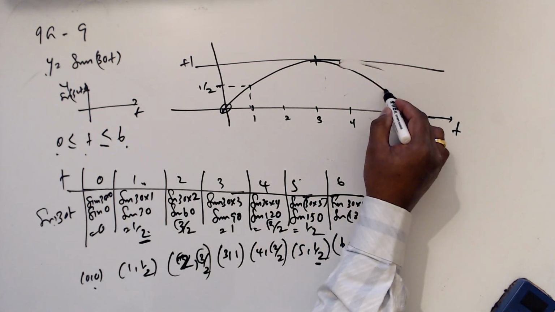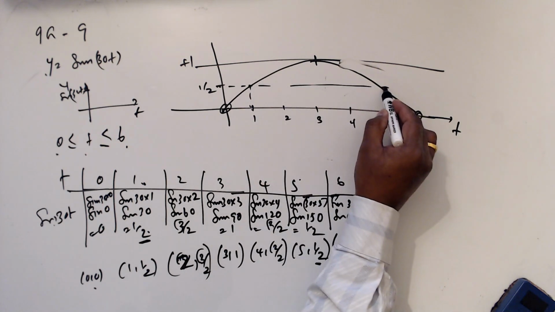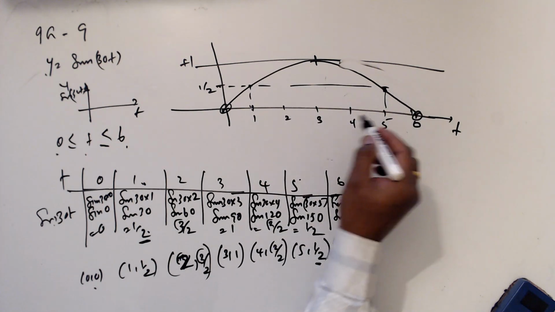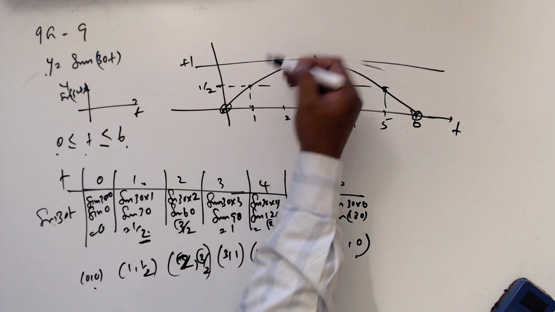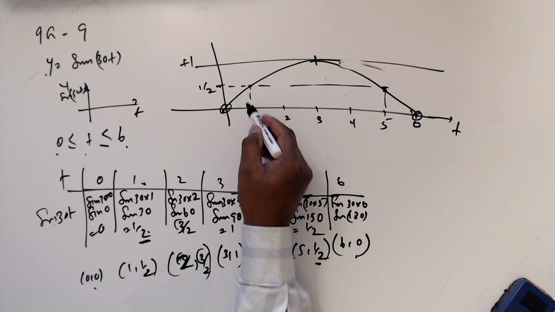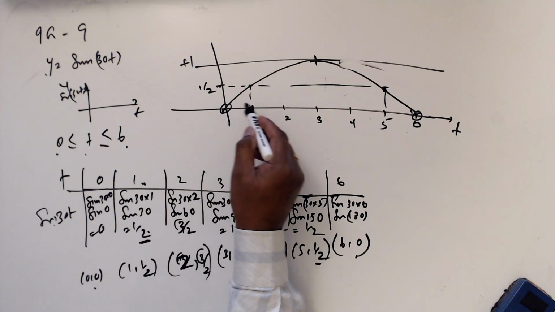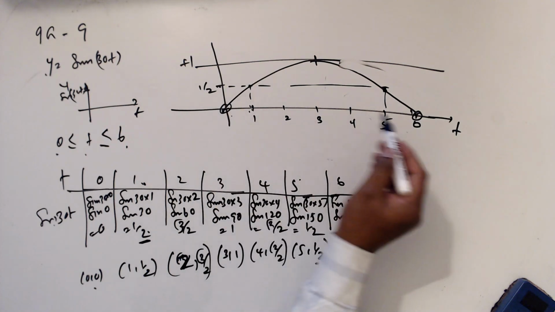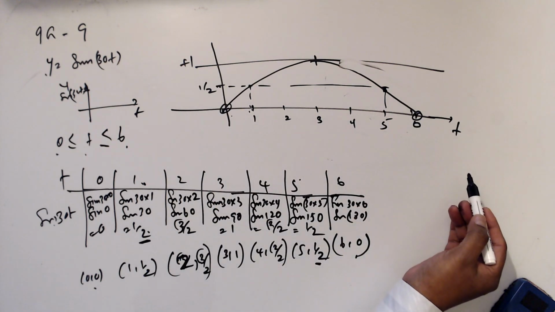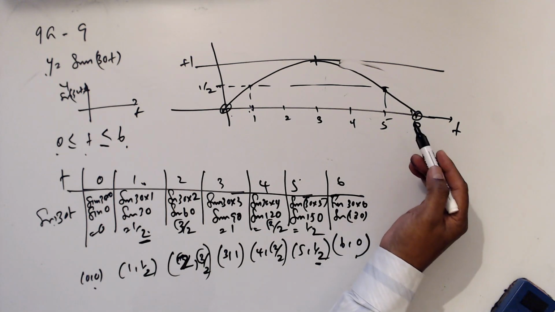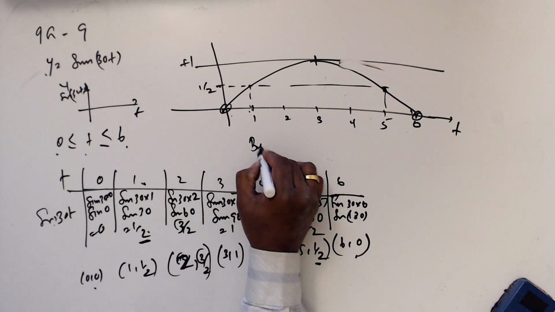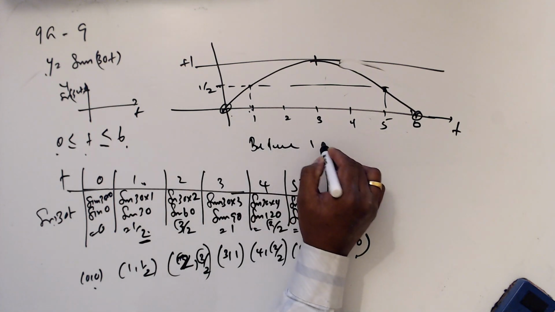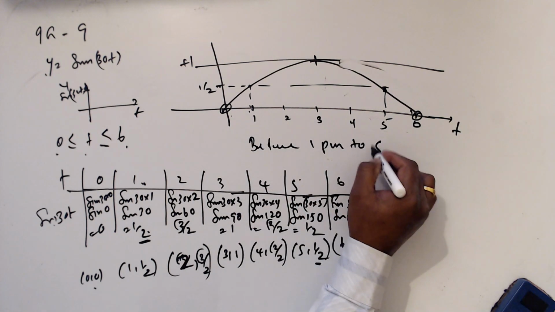Here, 5, that is also half. From 1 to 5 it is more than half; up to 1 it is less than half, and after 5 it is less than half. So the answer should be between 1 p.m. and 5 p.m.